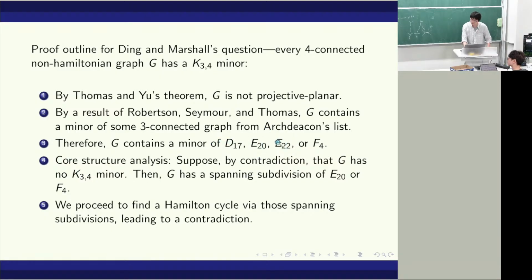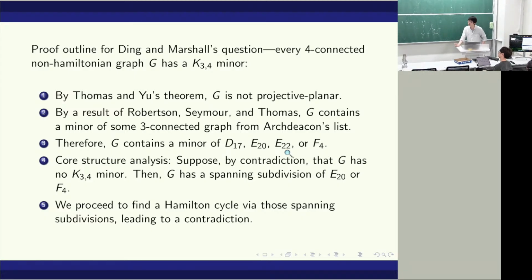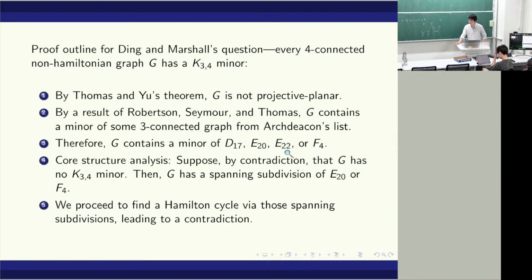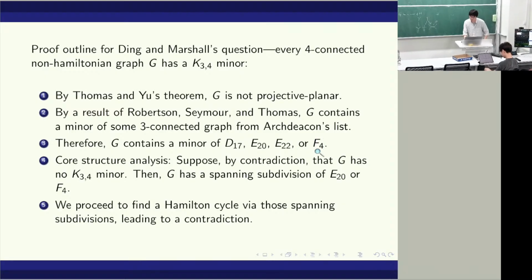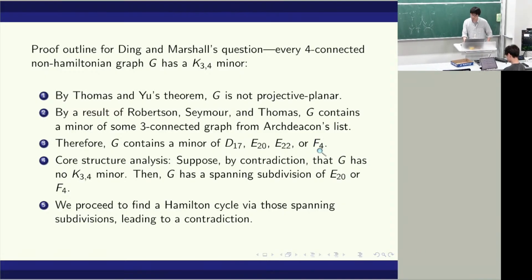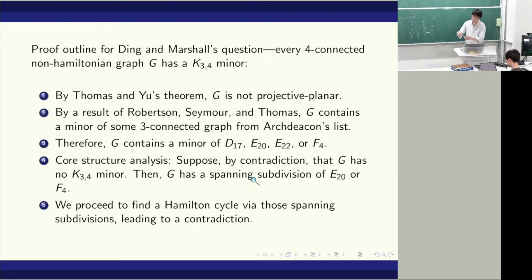For the E22, we are also sort of lucky, but we actually do not directly use the CMOS splitter theorem because it's for 3 connected graphs. So strictly speaking, we use the principle of the splitter theorem. Then for E20 and F4, we show that it is spanning subdivisions, which means that first, no splits are allowed, and second, no bridges are allowed.